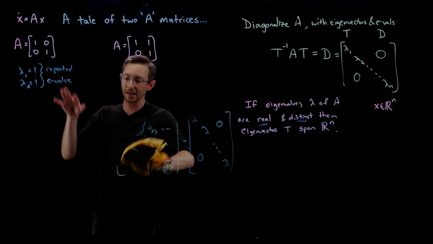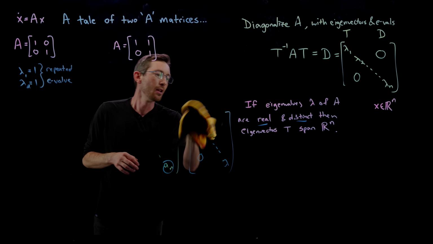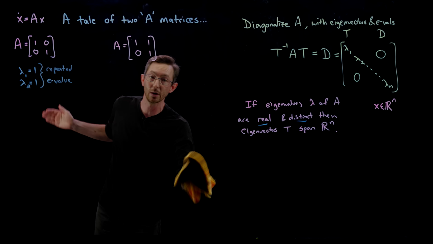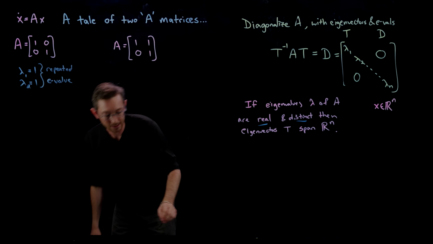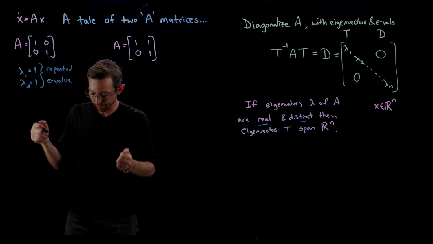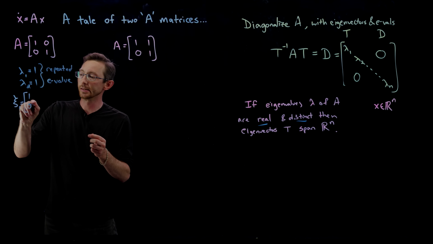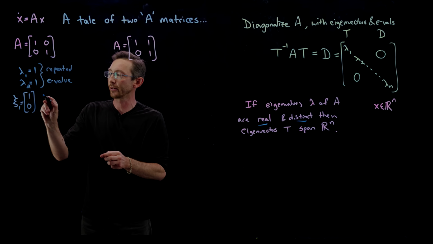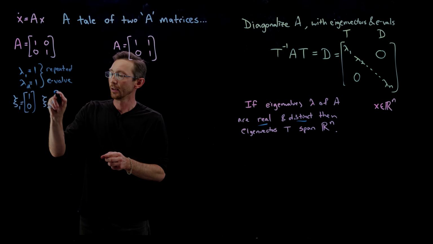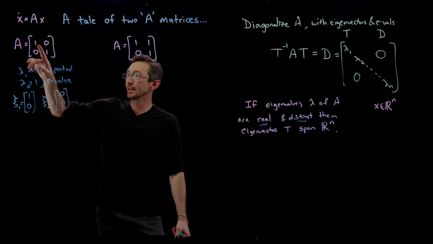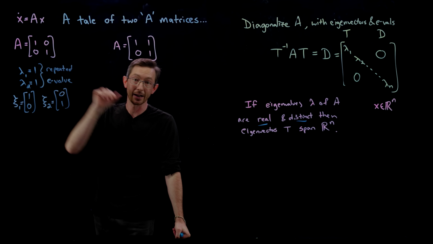And so the next thing I'm going to do is compute the eigenvectors. But the eigenvectors of this matrix are kind of trivial because we know that one of the eigenvectors, C1, is going to equal the 1, 0 direction, and another eigenvector, C2, is going to equal the 0, 1 direction, because to some extent this thing is already diagonalized.